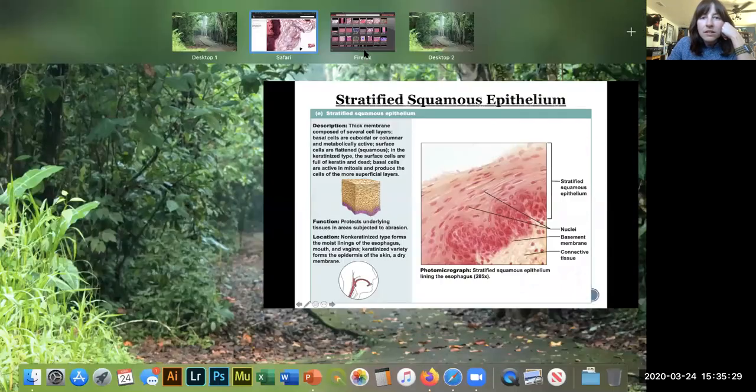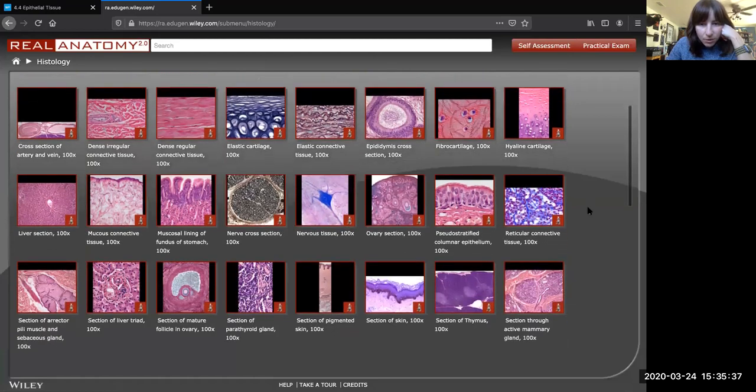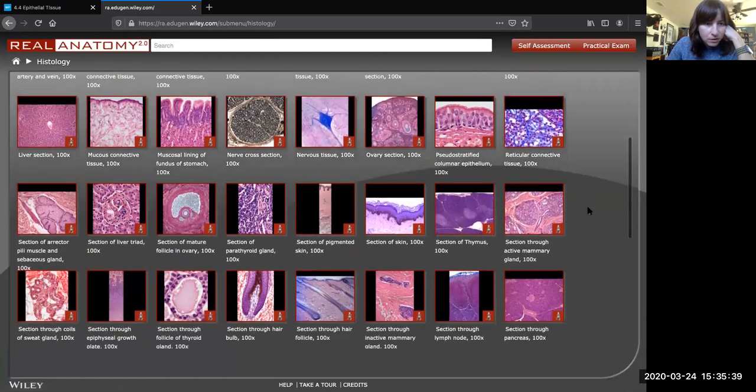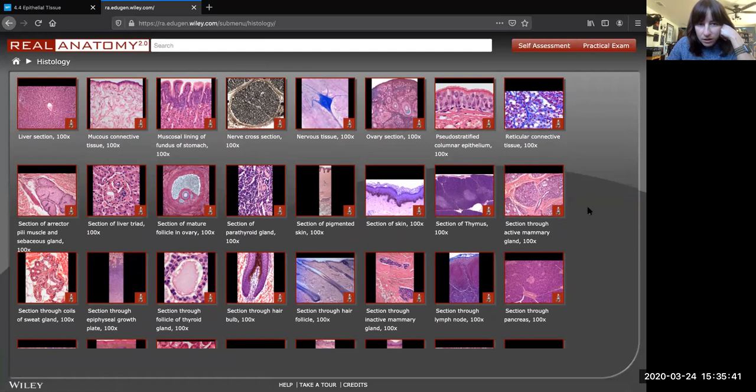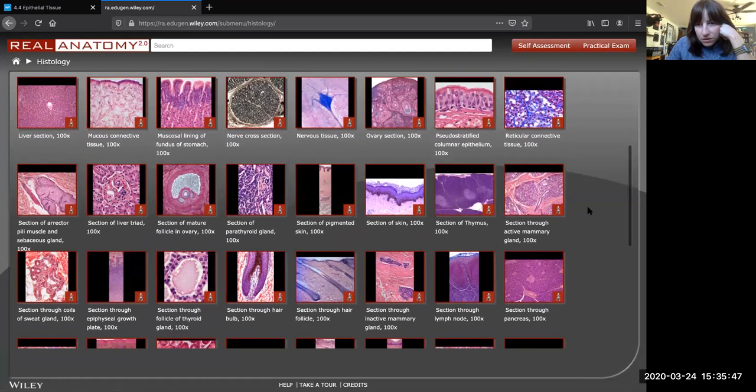And let's see if we've got, I'm sure we've got some over here. Some skin, perhaps. Mucus connective, mucosal lining. Pseudostratified columnar epithelium over here.